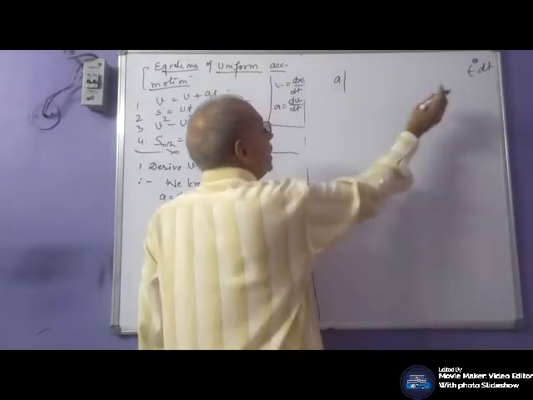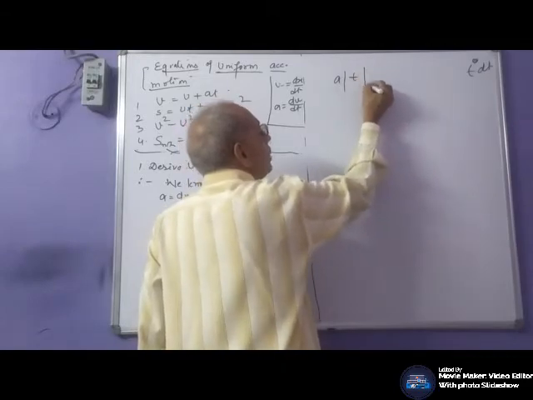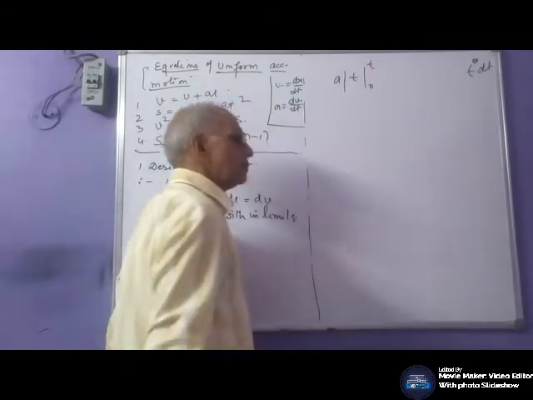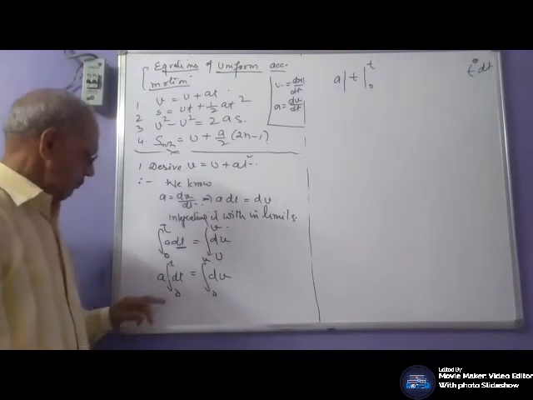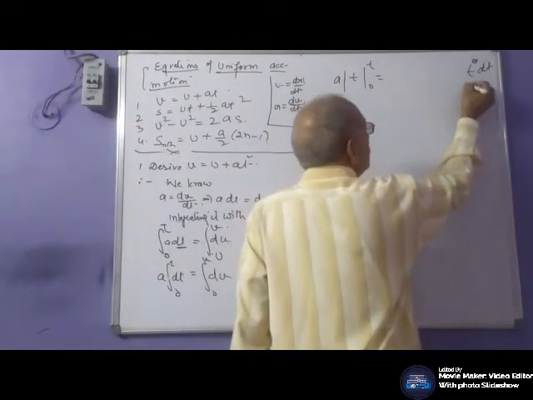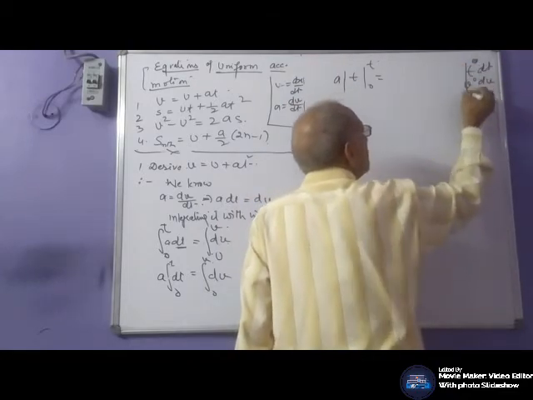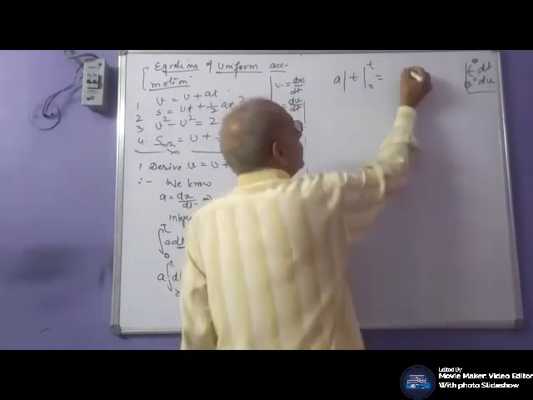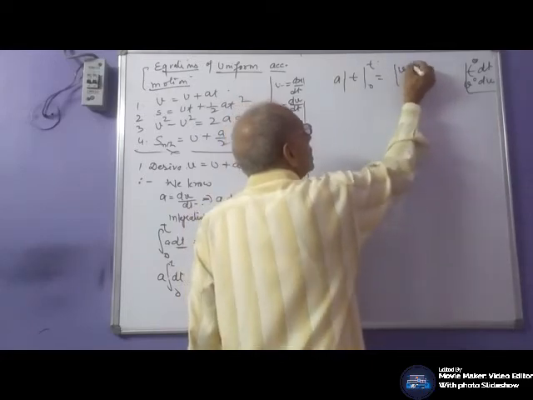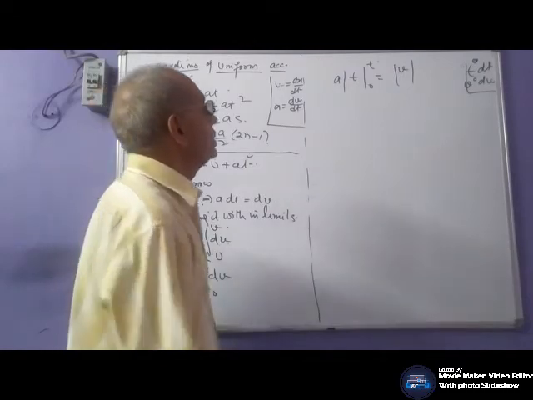So add 1 to the power, divide by the same power. dv, it is v^0 dv. Add 1 to the power, divide by the same power. Power is 1.